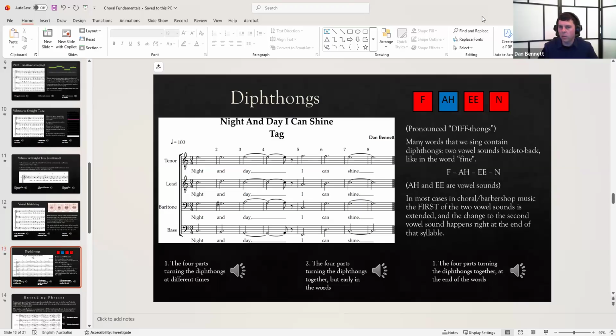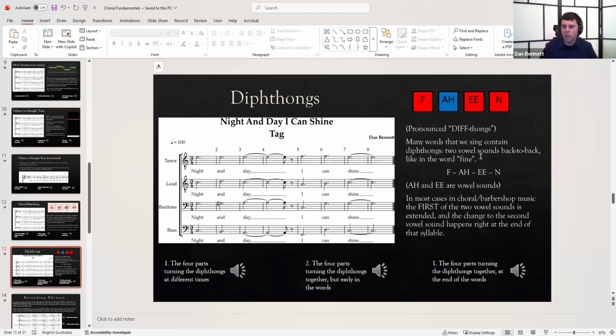When we sing the word, most singers will hold the first vowel for a while before moving to the second vowel. So like fine. For the majority of that time, I'm actually singing ah, fine. And then the ee vowel is just included at the end, as I finish the word.